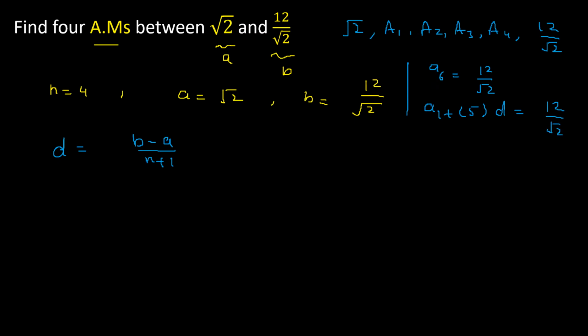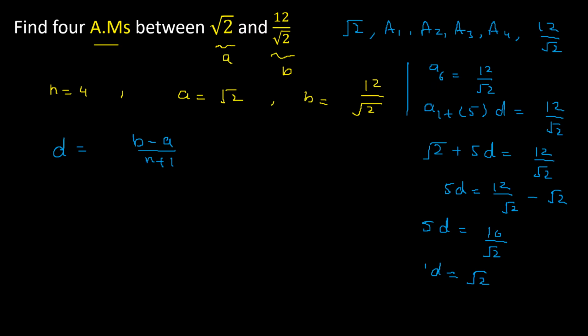If you put the direct value here, you will get the same d as by using the whole steps. So it will give 2 root 2 plus 5d equals 12 over root 2. So 5d equals 12 over root 2 minus 2 root 2. That gives 12 minus 4, because 2 root 2 times root 2 is 4. So 5d equals 8 over root 2.